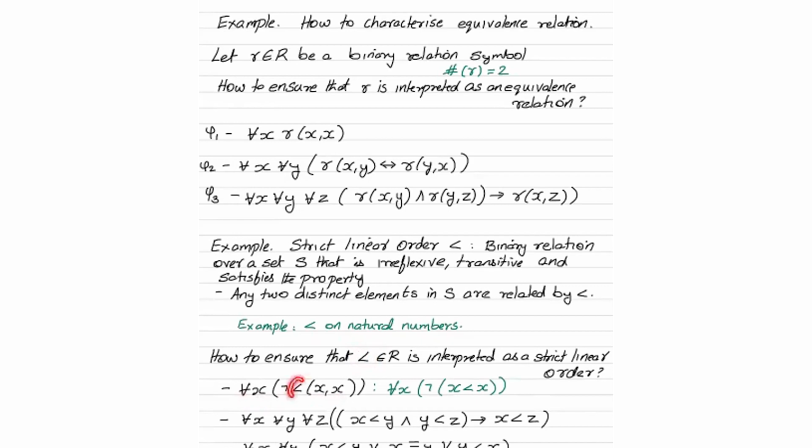Again, because it's a relation, I'm writing it this way, but to be able to read it easily, let's just look at this statement: for all x, it is not the case that x is strictly less than x. That's the first statement, saying that this relation symbol is not reflexive.